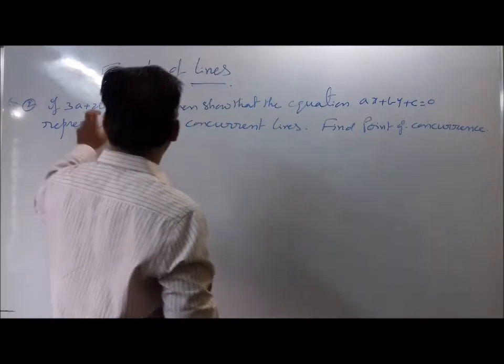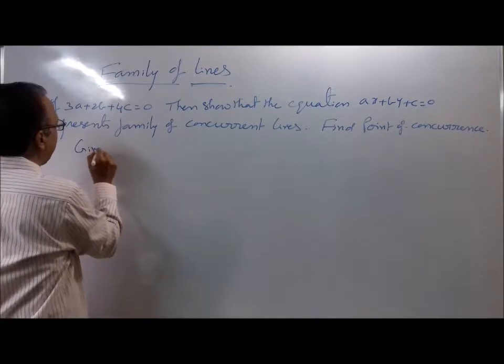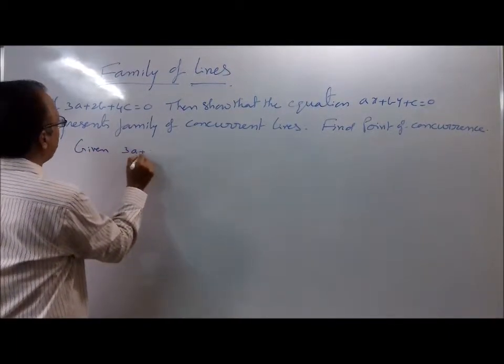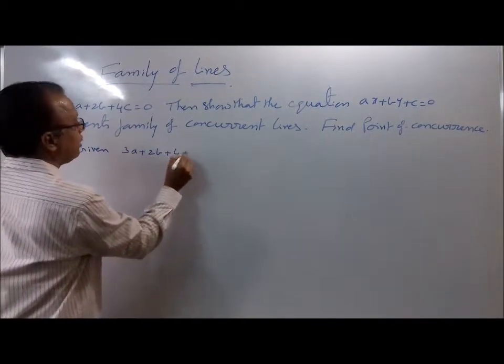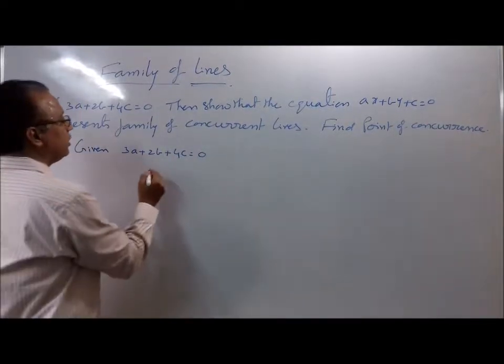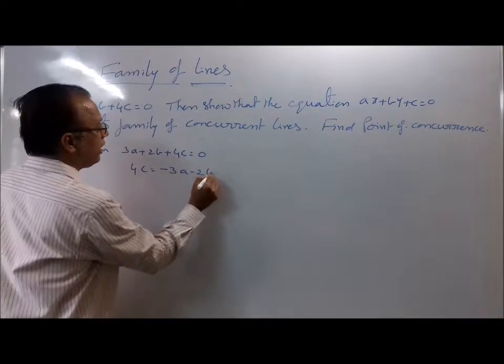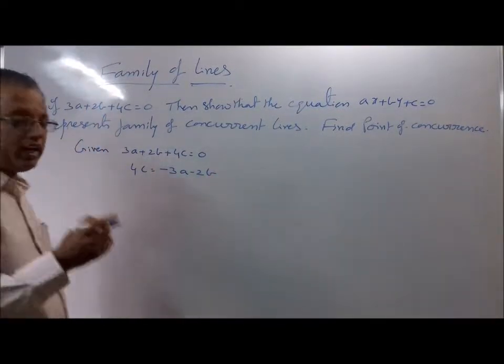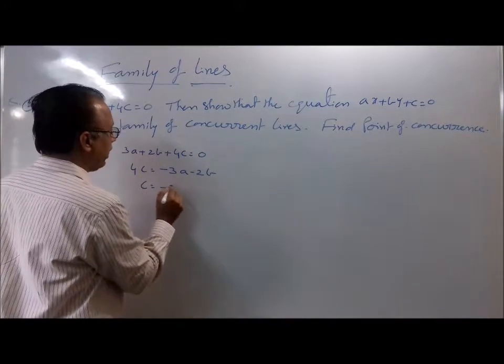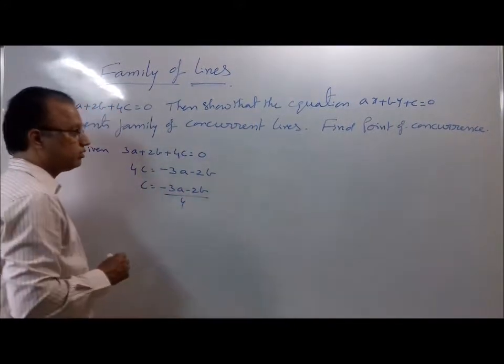Okay? So let us take this one, given 3a plus 2b plus 4c equal to 0. That is 4c is equal to minus 3a minus 2b. C is minus 3a minus 2b by 4.